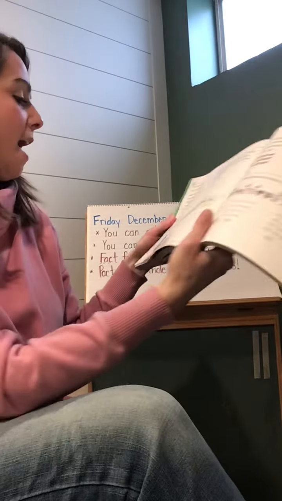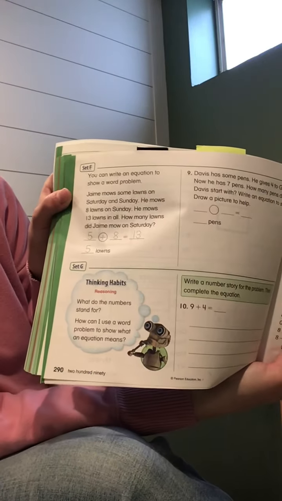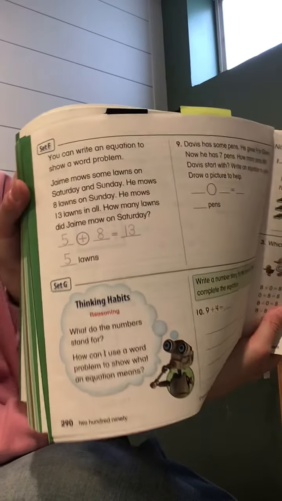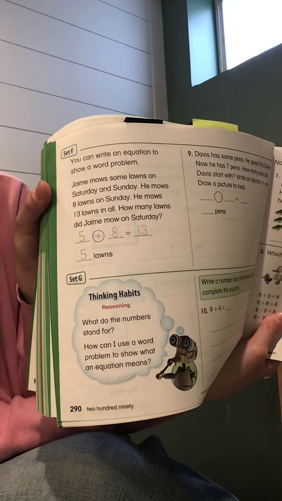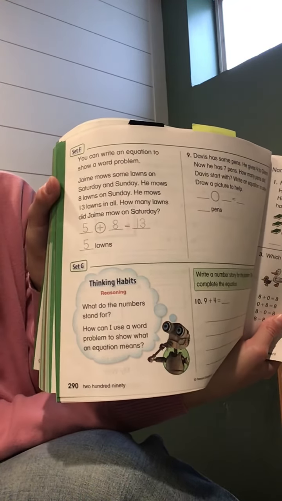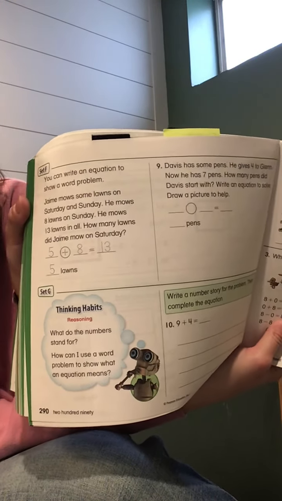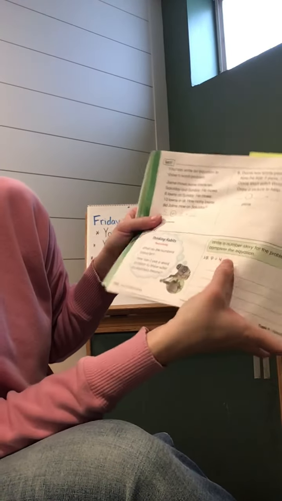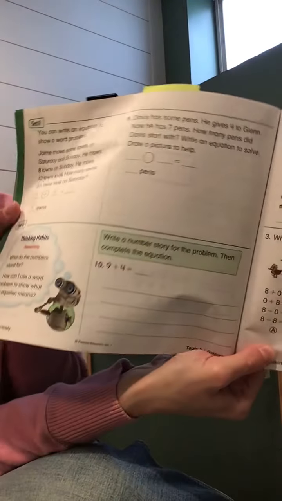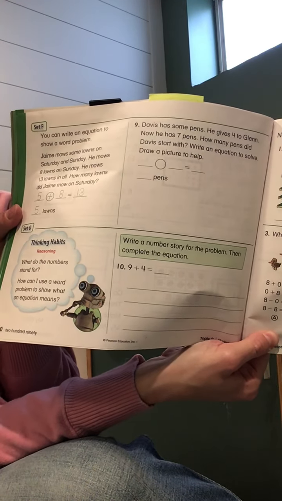Now set F talks about how you can write an equation to show what it's asking you in that word problem. You guys have been doing a really, really good job about finding those either addition facts or subtraction facts based upon what the word problem says. Now, the last one for number 10, this is where you get to write a number story for this problem.